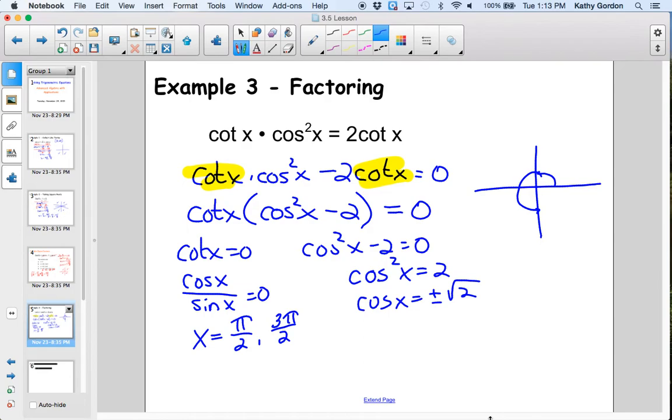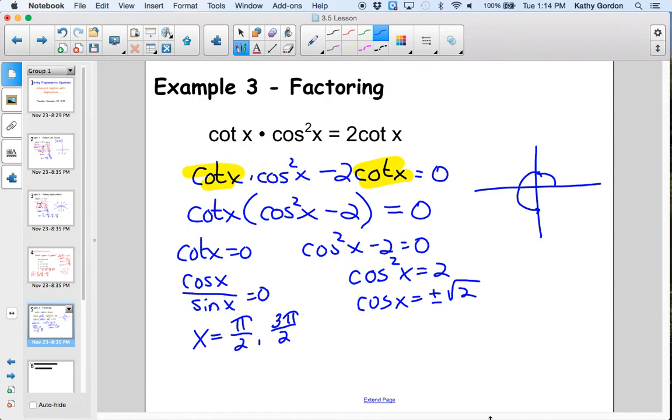Because when you think about the special angles on the unit circle, did we ever have any that were just square root of 2? No, we had square root of 2 over 2, but we never had any answers that were just square root of 2 for cosine. So that should already be making us kind of suspicious.